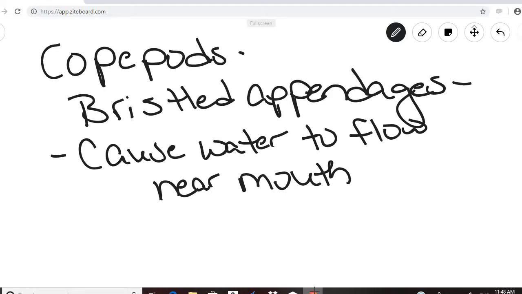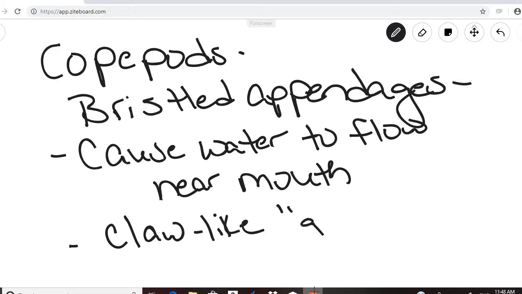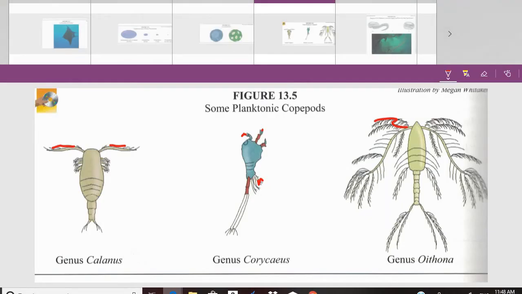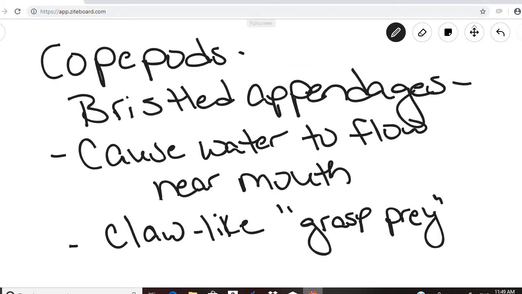Or some of them are kind of claw-like, so they will actually use those to grasp their prey. Okay, so let's go back and look at that picture again. You can imagine that these appendages moving in the water could pull water toward them, and then they would be able to extract the food, the phytoplankton and smaller zooplankton from that water, or they can use these appendages to actually grasp onto the food, like they can hang on to it like a claw. So those are the copepods.